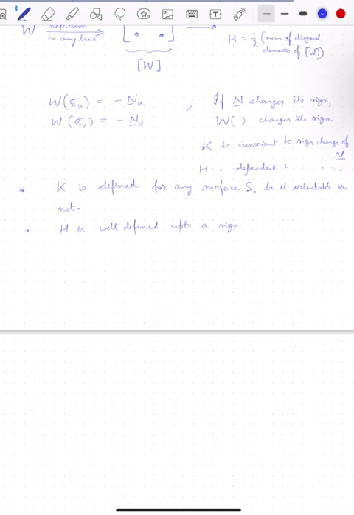Okay. So now our immediate goal is to derive the expressions for the Gaussian curvature and the mean curvature.